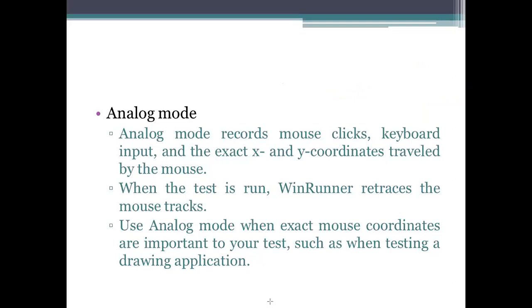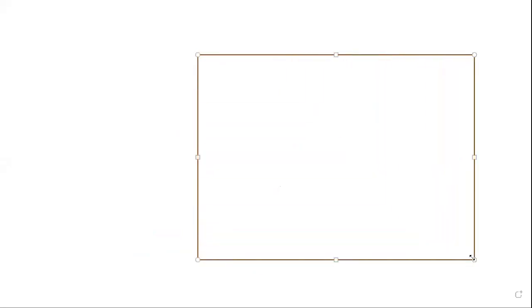Let me take the whiteboard. So see here. Consider this is the window I am using. Now draw a line, not the crossing one, just a clear one.